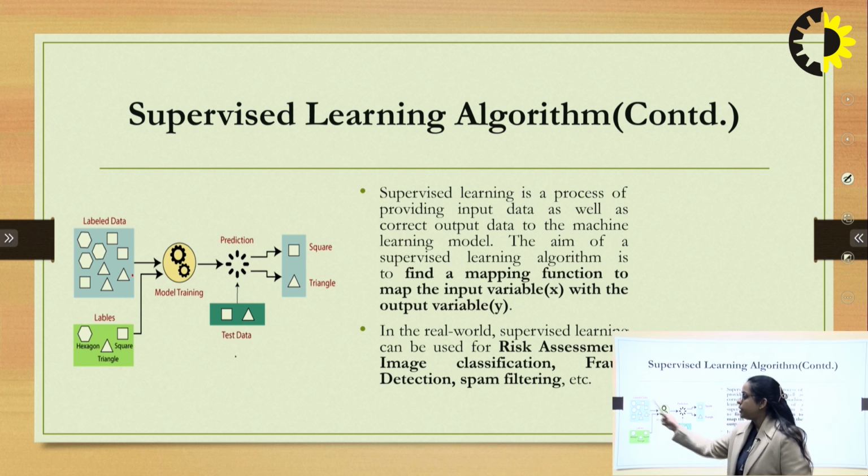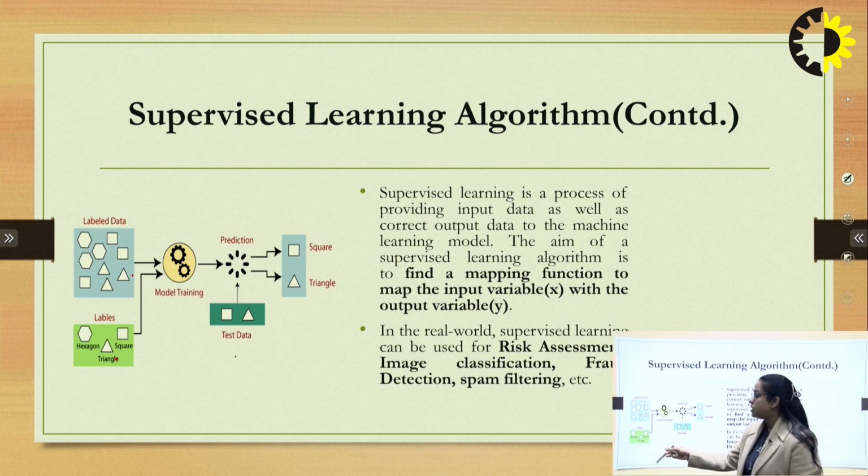With these shapes, we also have a set of labels: one type of shape is hexagon, one is triangle, one is square. With this data set, we are also giving their respective labels as input, which is hexagon, triangle, and square.